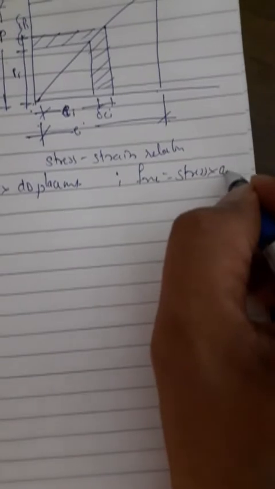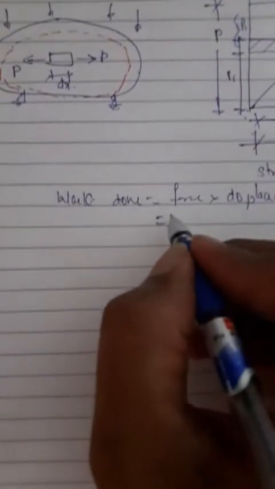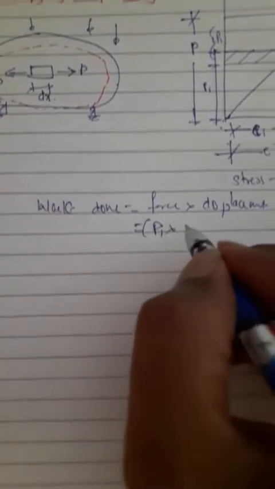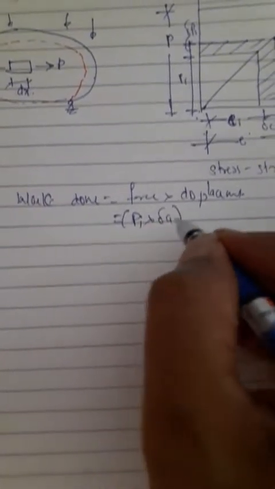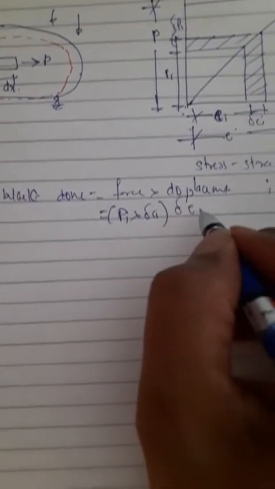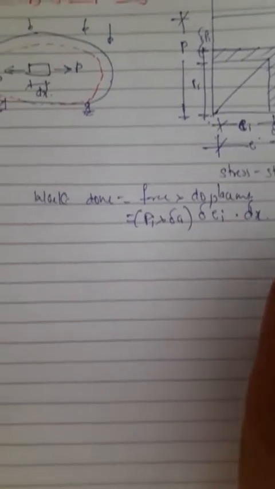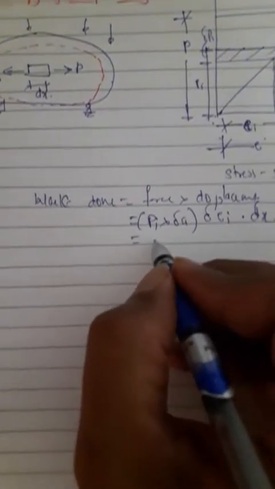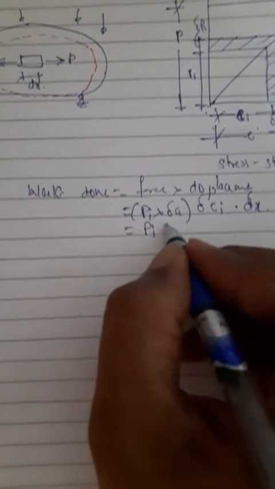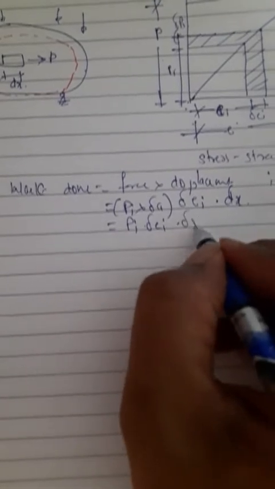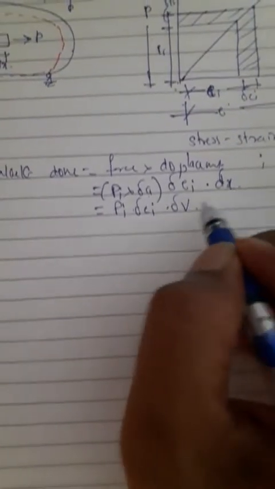Let stress be pi at element I, delta A is area, and displacement or strain is delta ei over the elemental length dx. So I can rearrange the terms: pi delta ei into delta v. Delta A into delta x is nothing but delta v, where delta v is equal to distance into area.